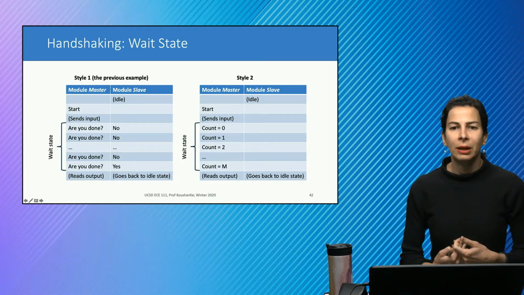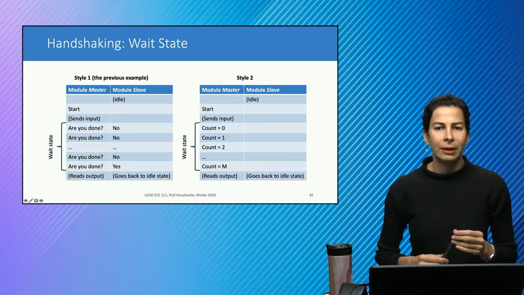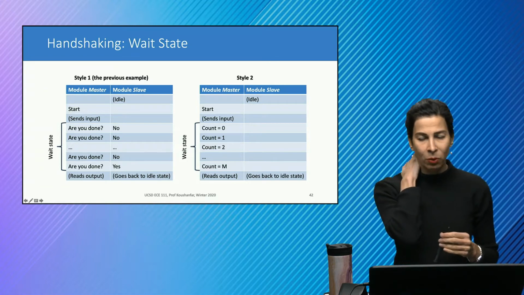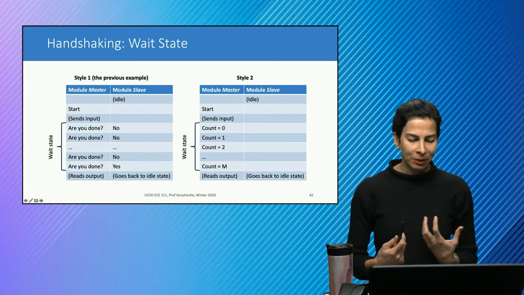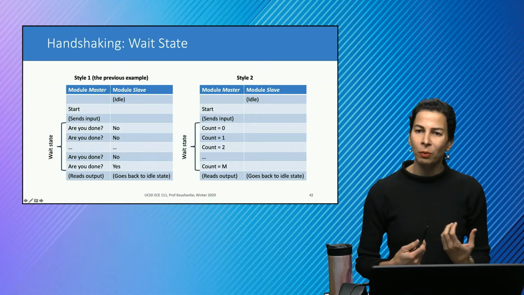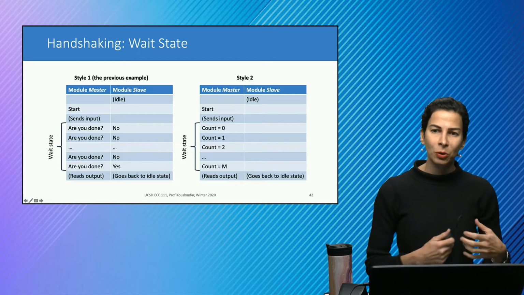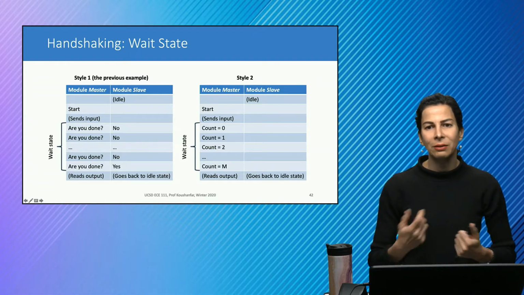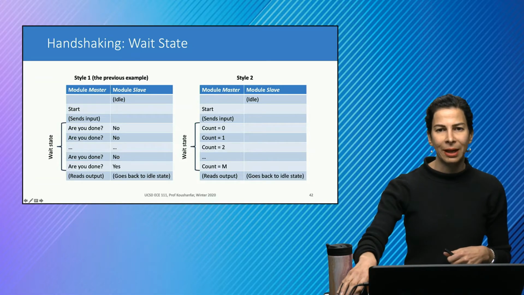The other one is, if we have a fixed count for how much the wait should be, which could sometimes be an overkill because we may not always know how much time it takes, but sometimes we know, so it's an easier, cleaner write style to do that. And then we go to the output, which was the idle state.